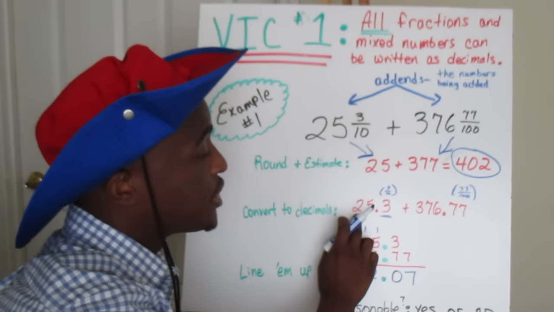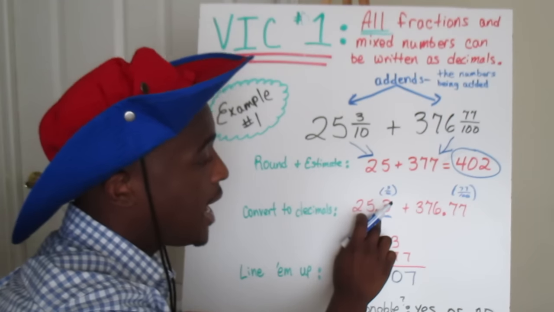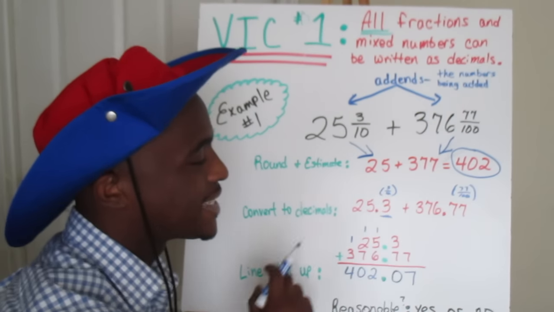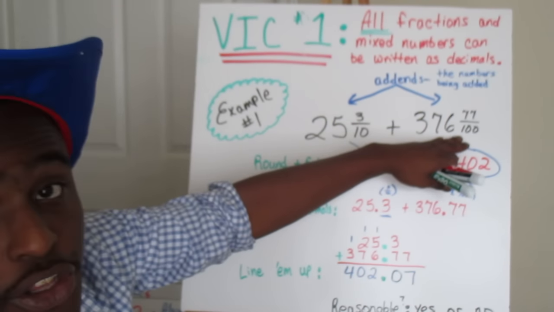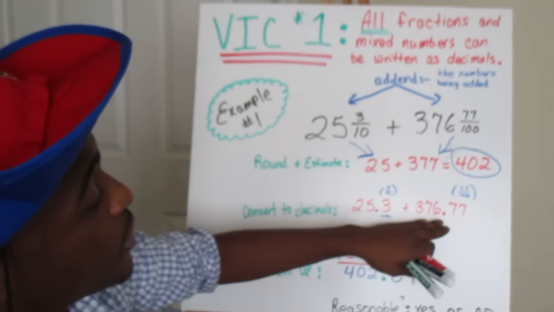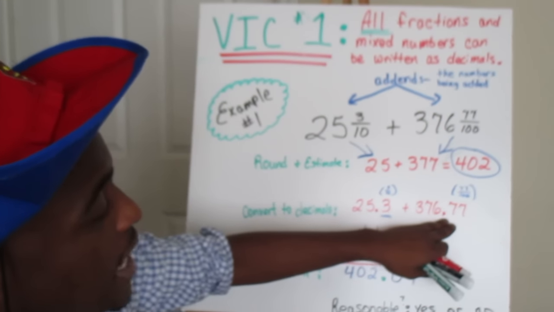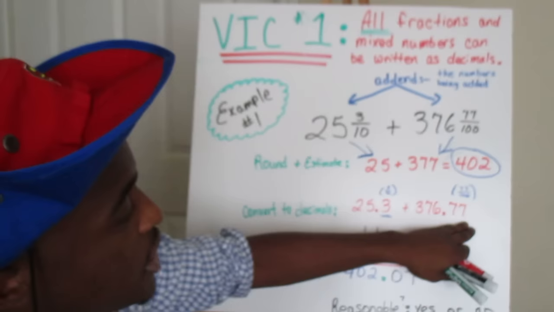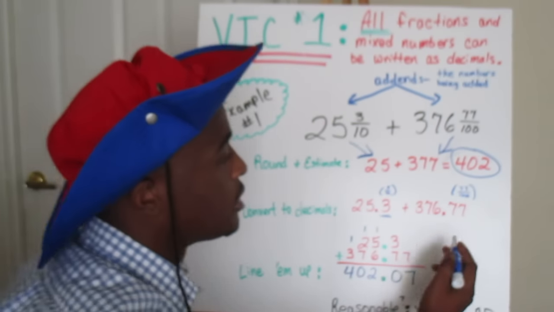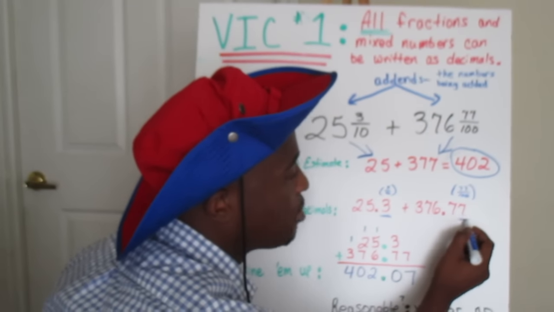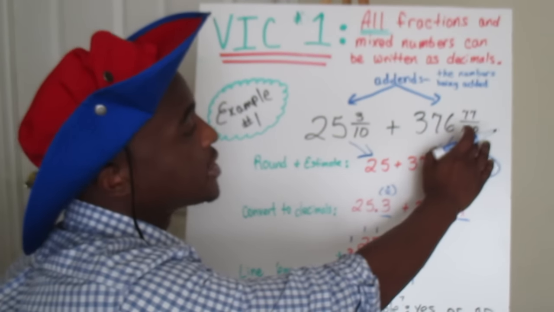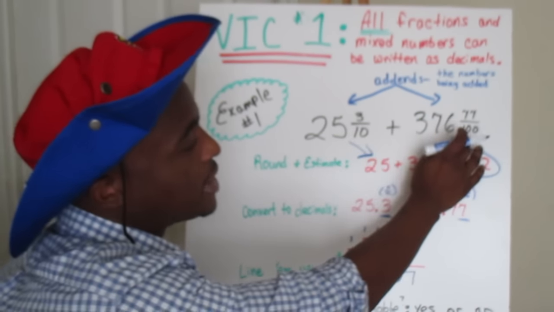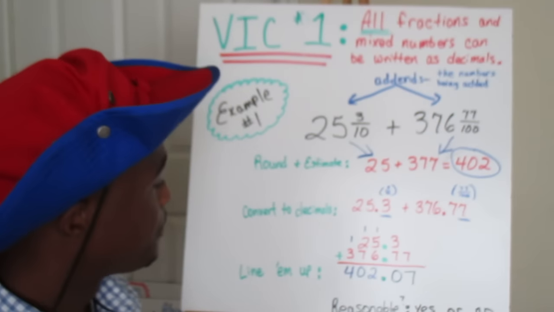As a decimal, it is also 25 and 3/10. We can do the same thing with our other add-in: 376 and 77 hundredths. This decimal place is the hundredths place, so it correlates with our 100 denominator in our problem.